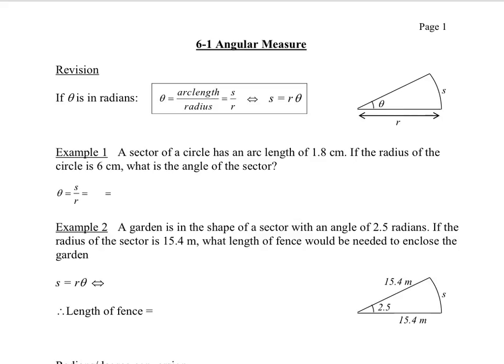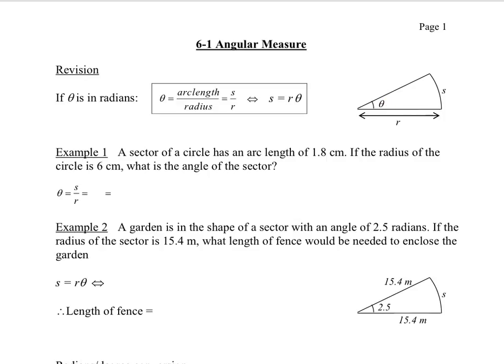In example 1, you're told that there's a sector of a circle, and it has an arc length of 1.8. In other words, this part here is 1.8. The radius is 6, so this part here is the radius. What is the angle of the sector? So we're asking, what is this theta?